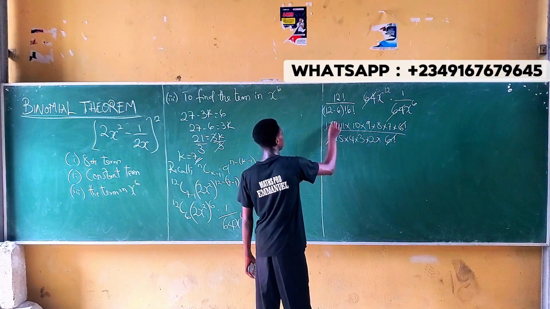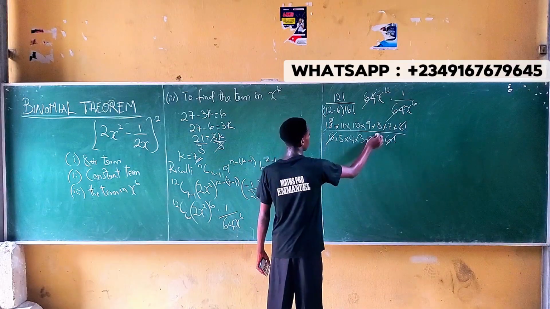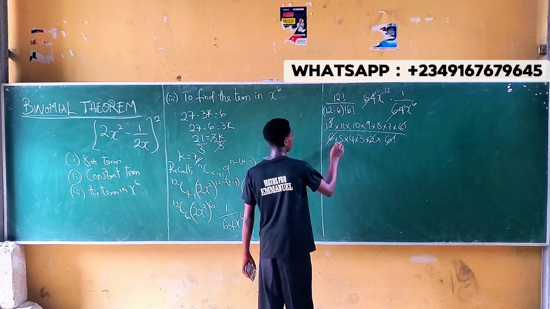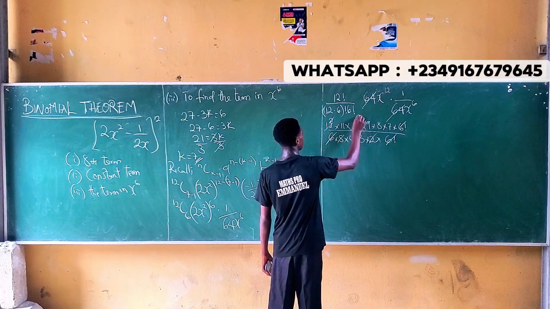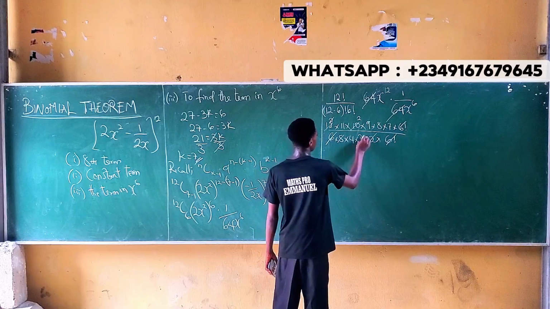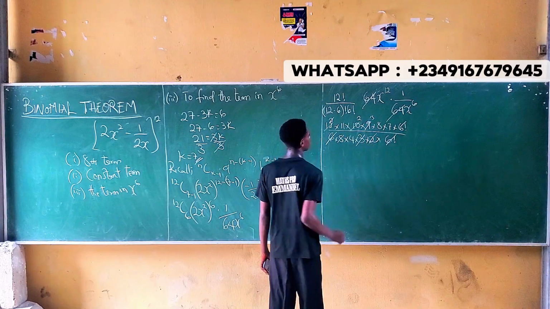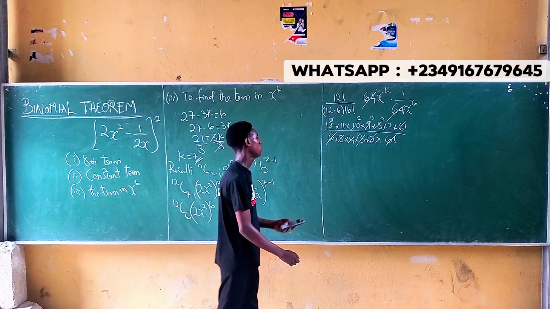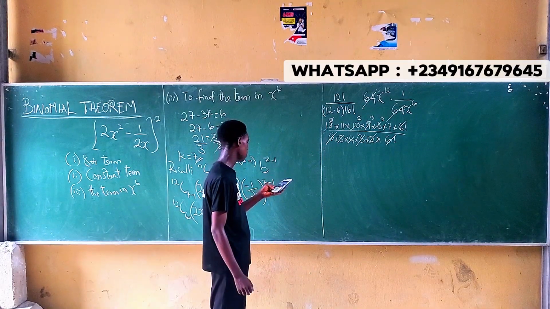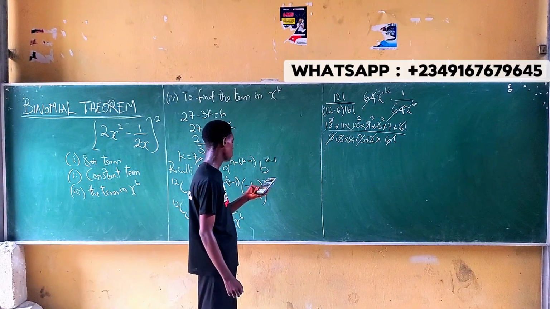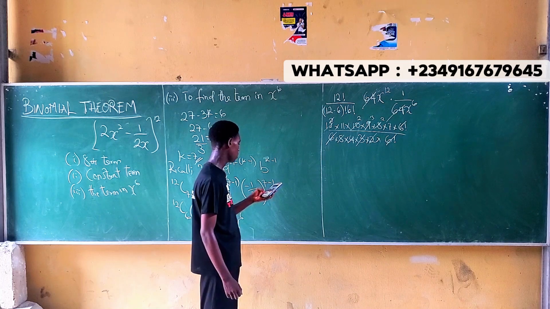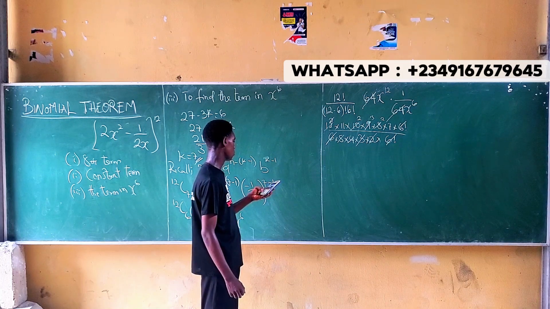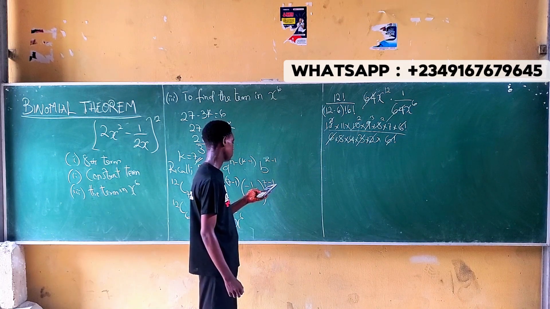And then 6 will go into 12 two times, and 2 times 2 will be cancelled by this. Then 5 will go into 10 two times. 3 will go into 9 three times. 4 will go into 8 two times. Now let's multiply. So I'm multiplying 11 times 2 times 3 times 2 times 7.